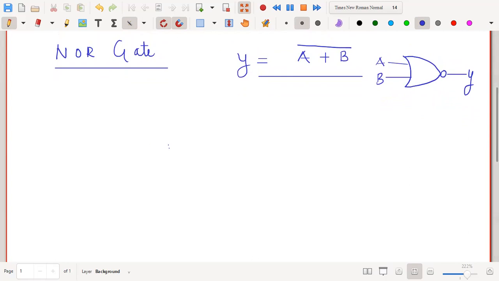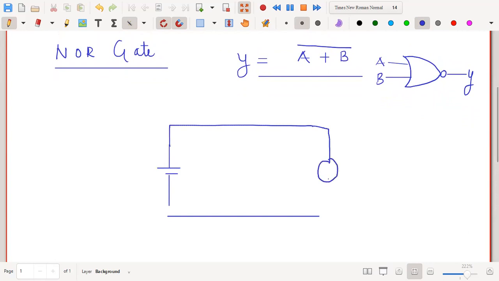Let me show the switching analog for this NOR gate. I have a cell here, and this cell is connected to the output. Let us say this is the output. Now where would I put the switches A and B? The two switches would be connected in parallel in this way.